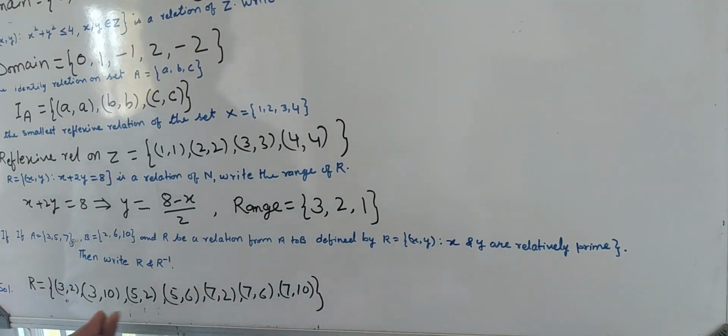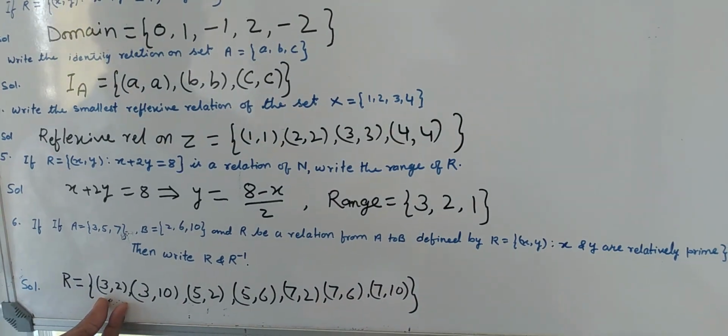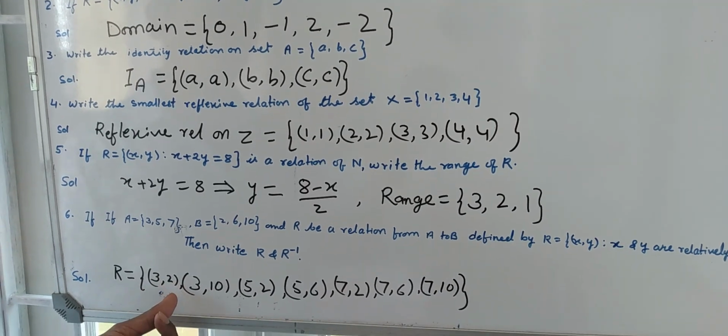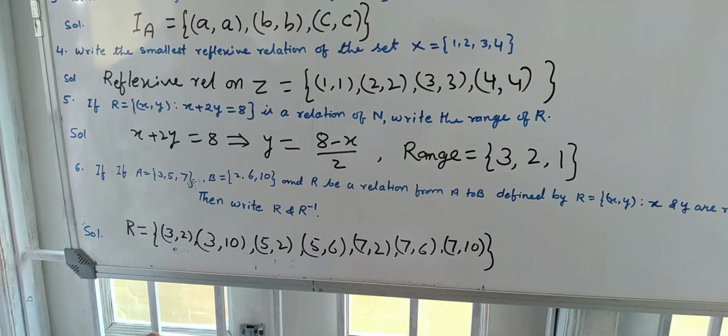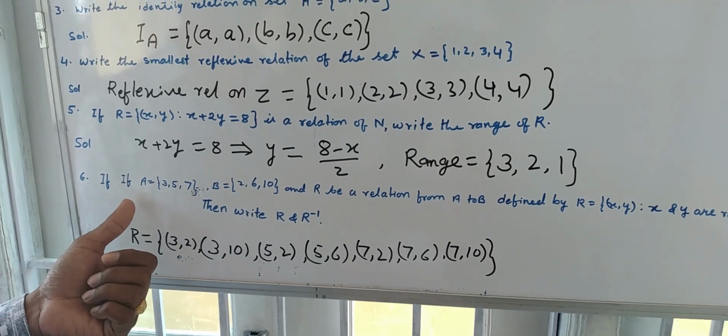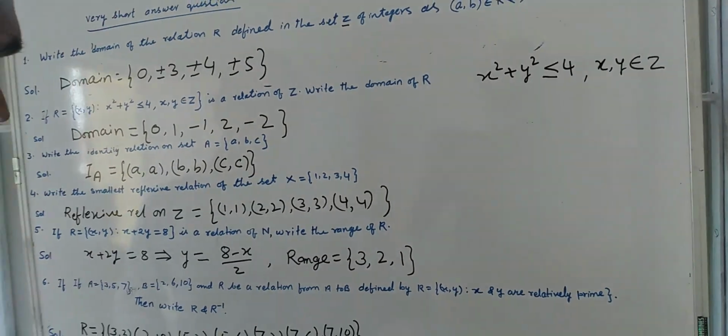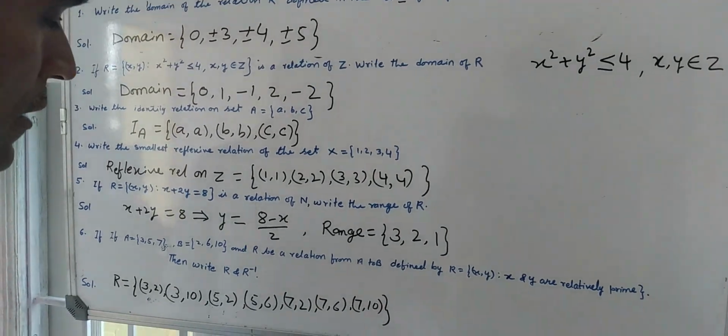If you observe here, every pair has no common element in their first and second components. So these are the members of the relation defined as this. Now we have to write R inverse.